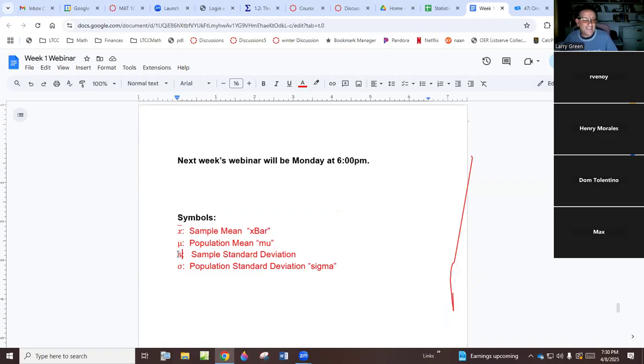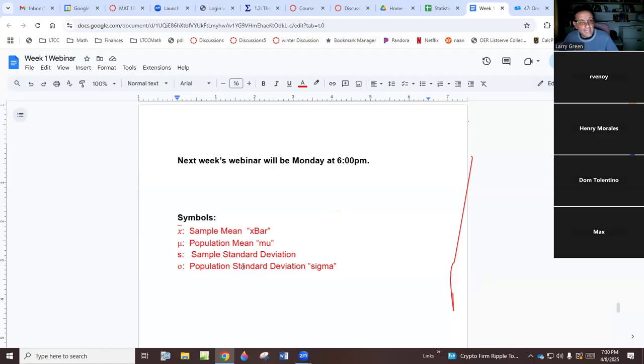Okay. And then S is a sample standard deviation. Whereas this letter is also a Greek letter, and this is read sigma, and that is the population standard deviation.